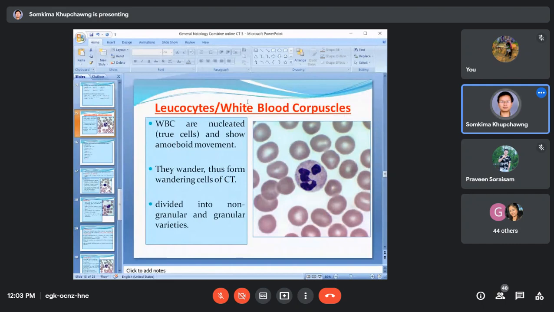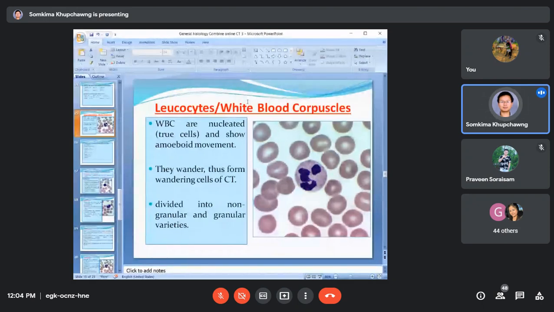That's why, in the class before the previous one, we discussed the cells of the connective tissue, the wandering leukocytes, like macrophages. Those are cells of the connective tissue, because some WBCs wander from one region to another.